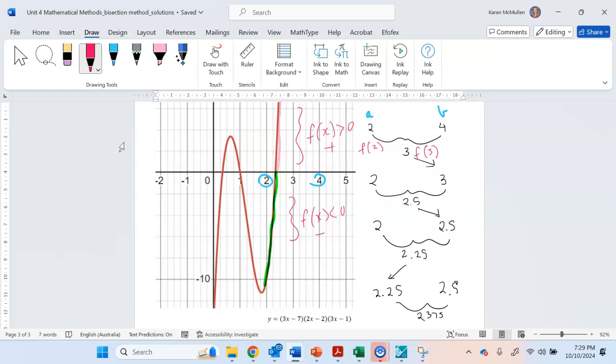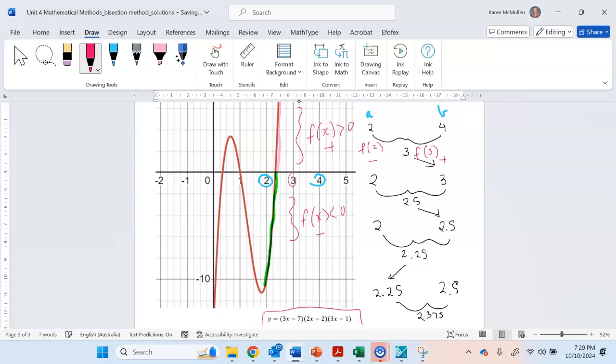Now, I've got f of 2, and I can see that's in the green section. I've got my function down the bottom here, so I could use that, but it's going to be very time consuming. But I can see it's in the green section, so it is actually negative. So f of 2 is negative. f of 3 is 3, so it's clearly above the axis, so it's going to be positive. So I'm multiplying a negative by a positive. All right, so I'm going to get a negative answer.